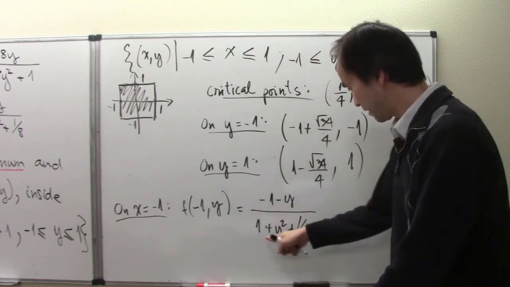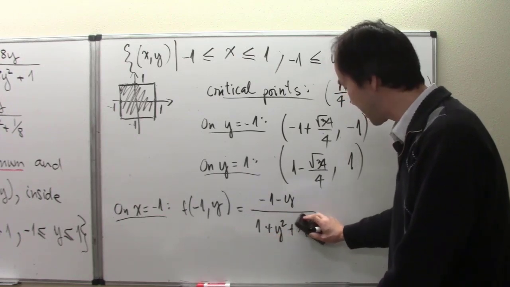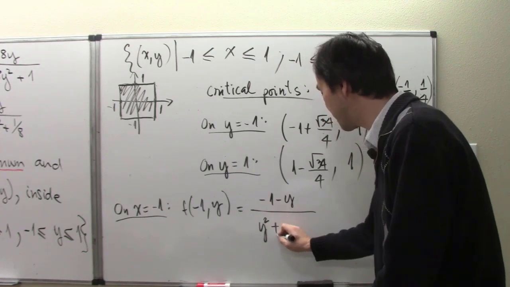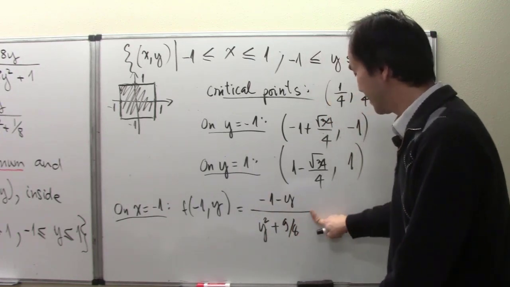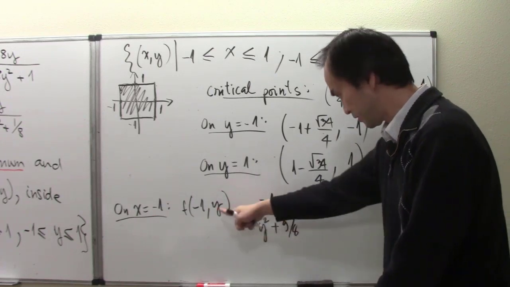But then again, 1 plus 1/8 here can be easily combined as 9/8. So the entire denominator here comes to y squared plus 9/8. And now this is a function in terms of one variable.